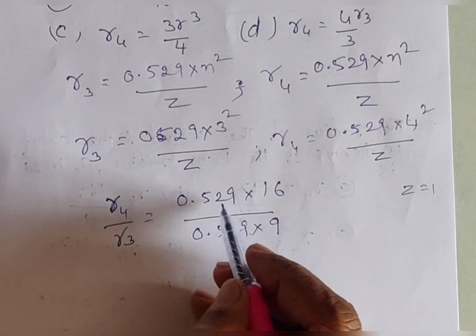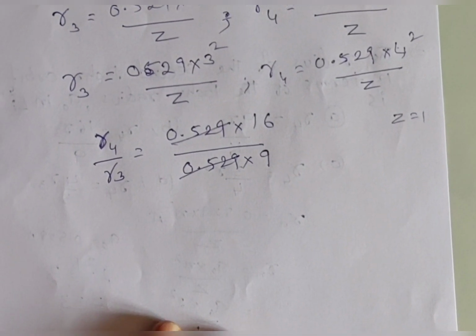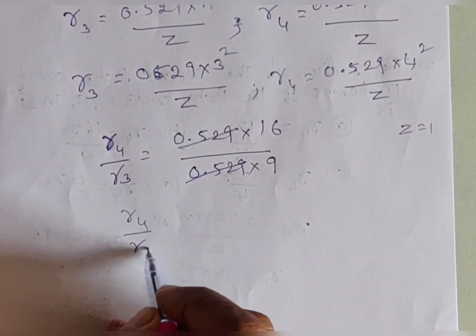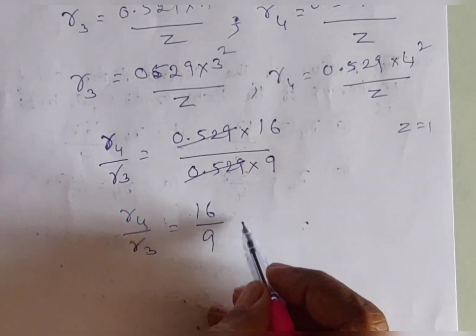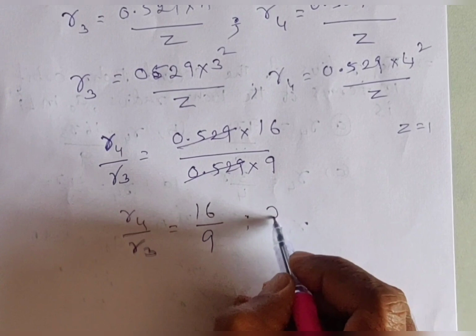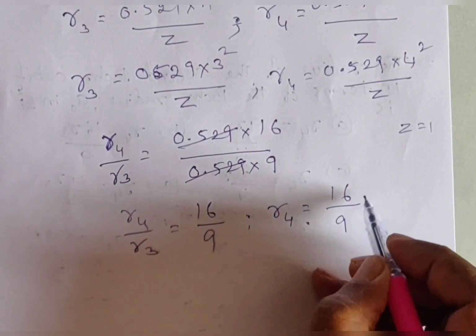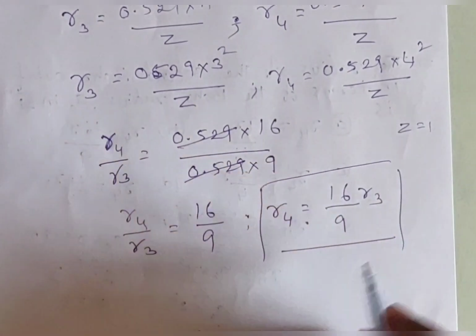Now 0.529 cancelled. Then R4 by R3 is equal to 16 by 9. R4 is equal to 16 by 9 R3. This is the correct answer.